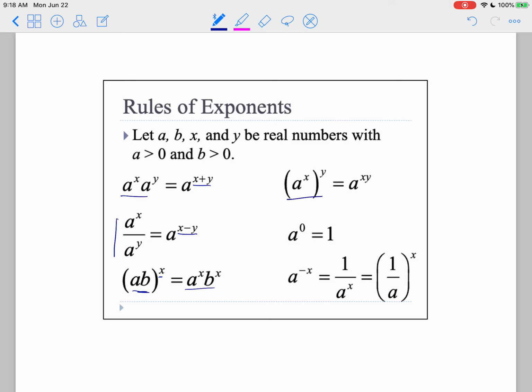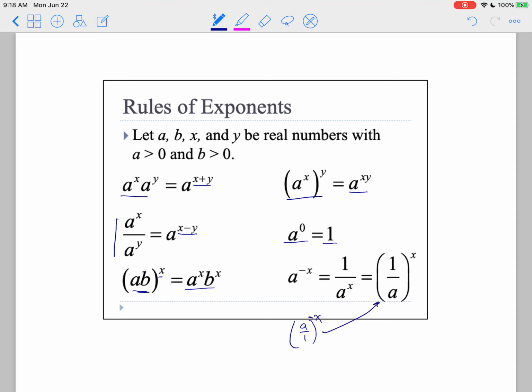When you raise a power to a power, you multiply the exponents. Anything to the 0 power is 1, and when you are raising something to a negative exponent, it's really saying take the reciprocal.